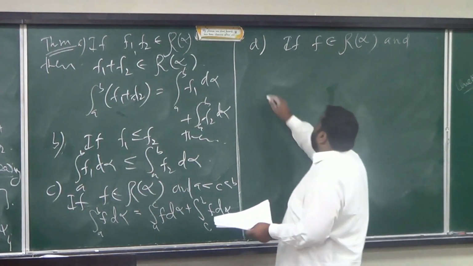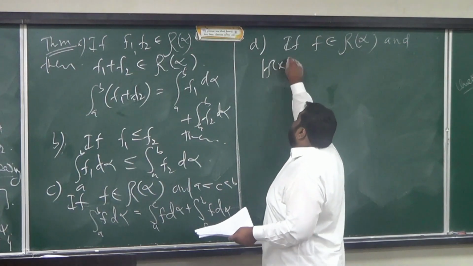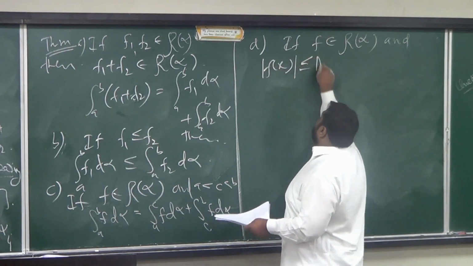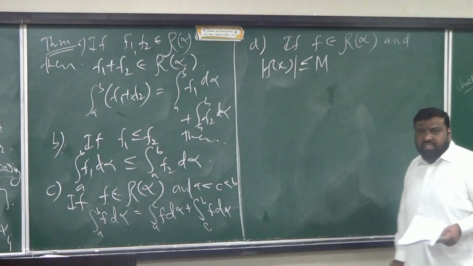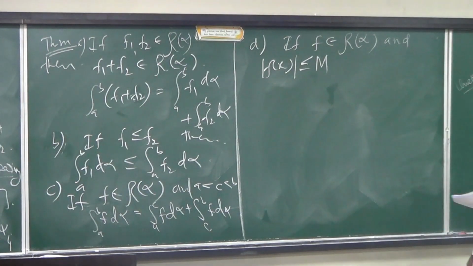So if f is integrable, it should be bounded in the first place. So there must be a number m for which |f(x)| is less than or equal to m.